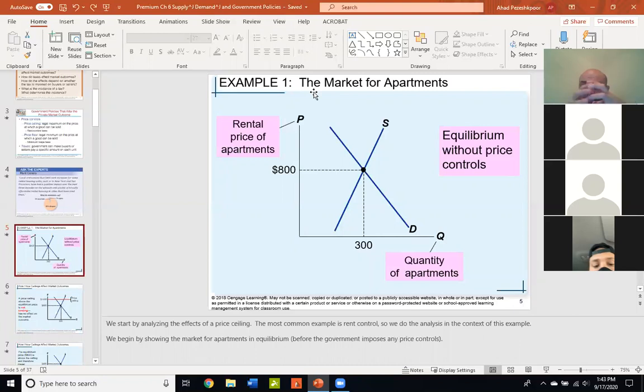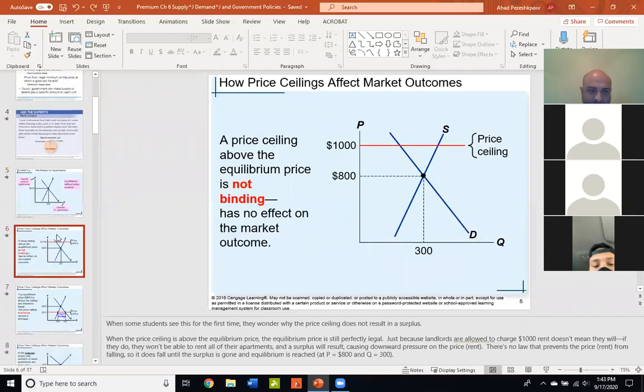All of this comes together to give us this outcome. $800 monthly rent, and 300 apartments.